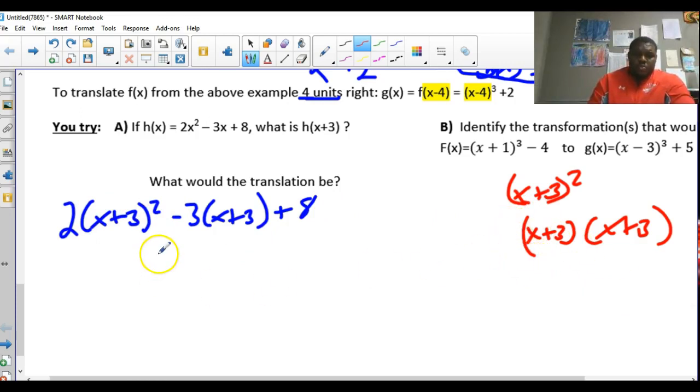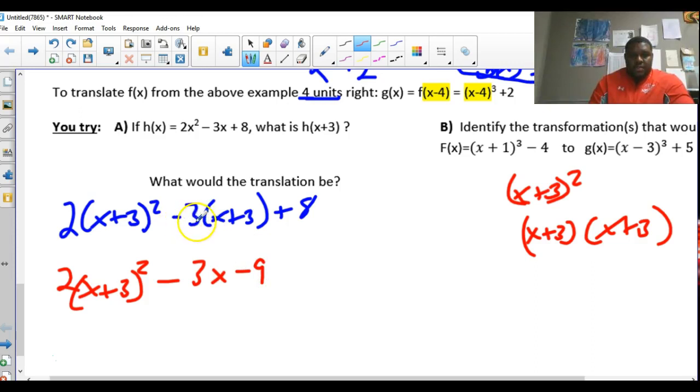So what you do is we're going to leave that because we're going to talk about the transformations. All right. So we have 2 times x plus 3 squared minus, now look, notice there's no exponent here. So we can distribute that, right? 3x minus 9. That's negative 3 times x, negative 3x. Negative 3 times positive 3 is negative 9, plus 8.